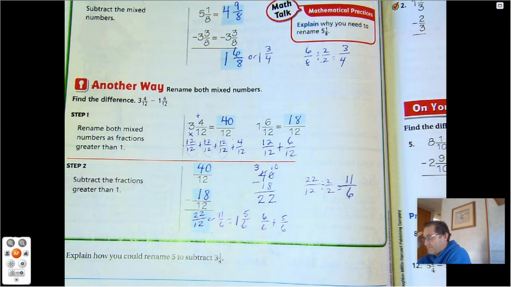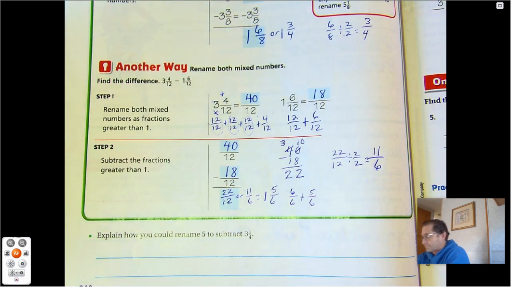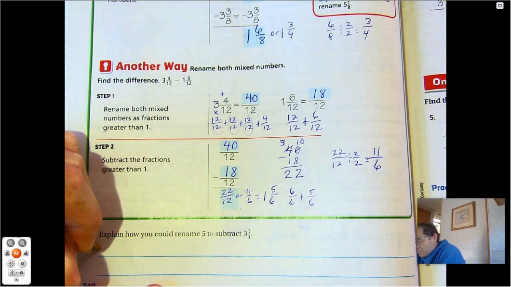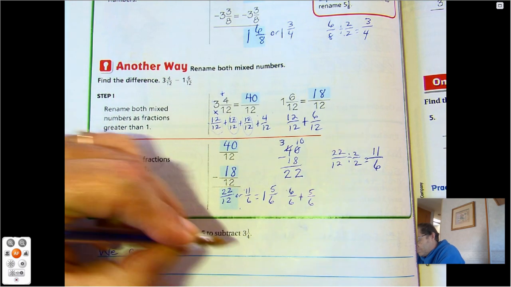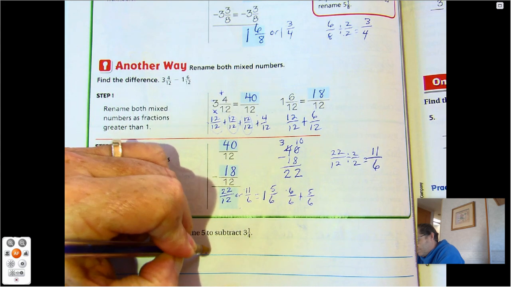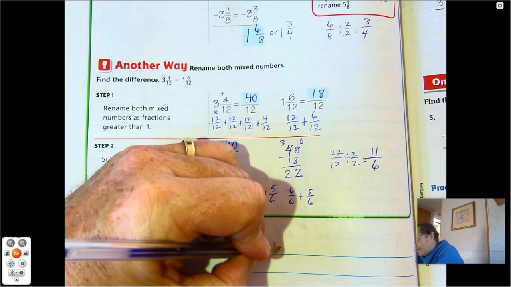Explain how you could rename 5 to subtract 3 and 1/4. Well, we could use fourth size parts as a denominator.